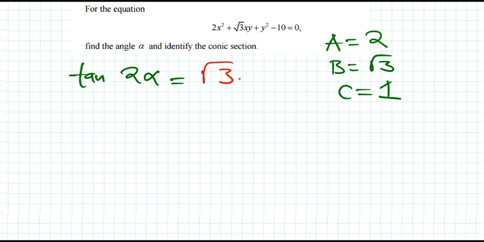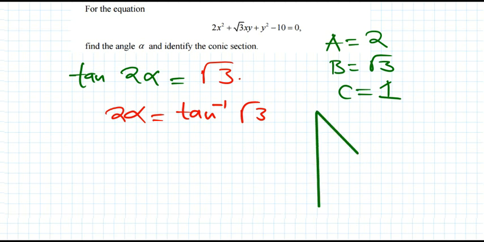So to find the angle alpha, what do we do? We can find the tan inverse of root of 3. Assuming calculators are not allowed, you look at the special 30-60 triangle, that's why we find the root of 3.